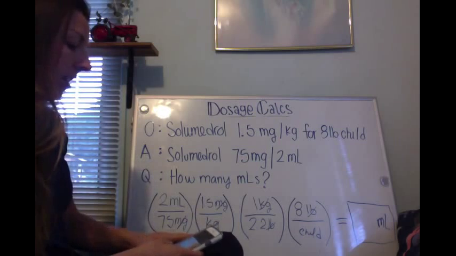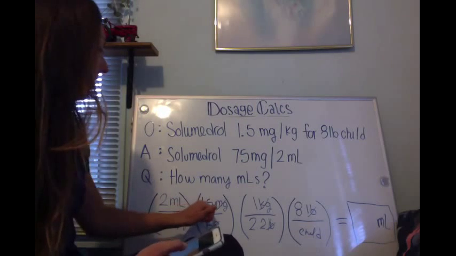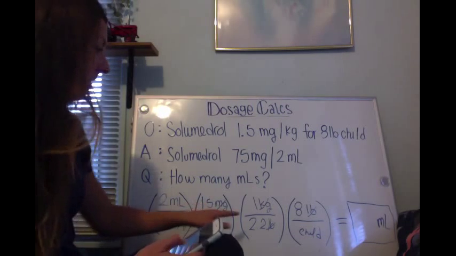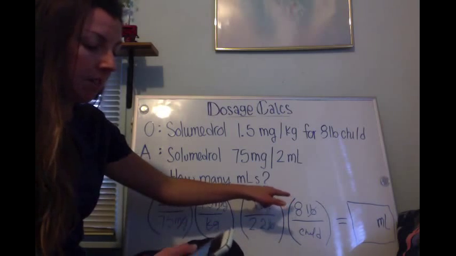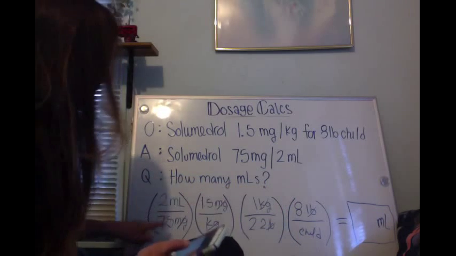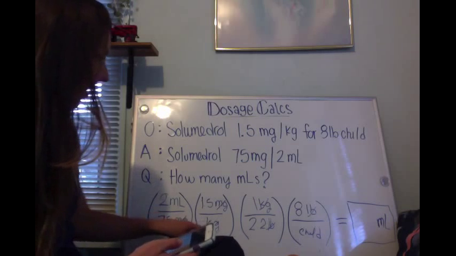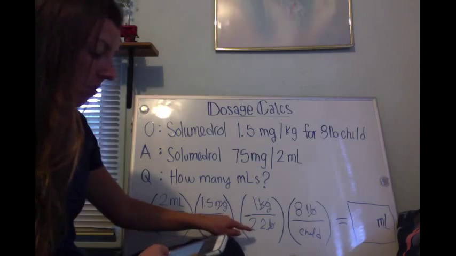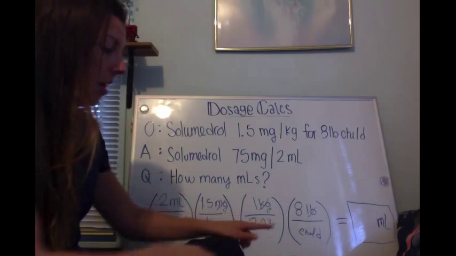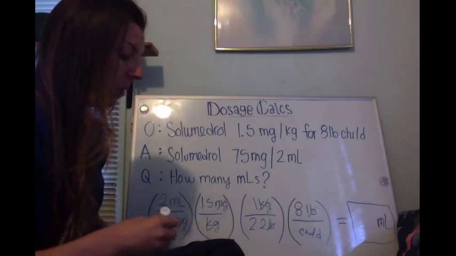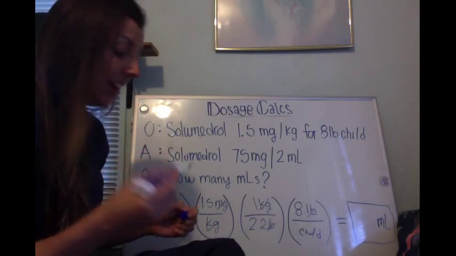So we have 2 times 1.5 times 1 times 8. We're going to divide that by 75 divided by 2.2, and what we come up with is 0.145 and so on.